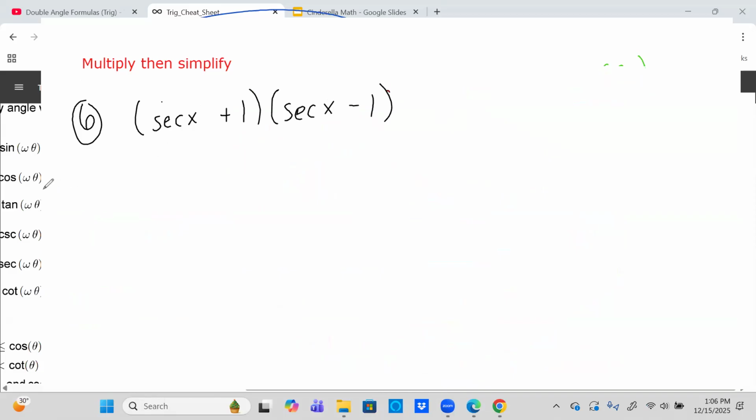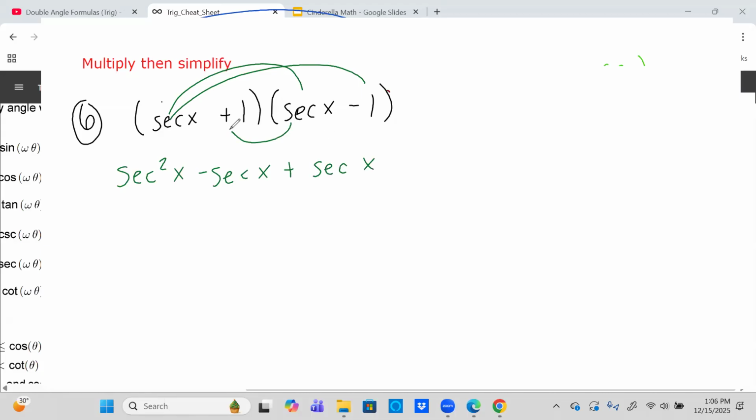All right, let's multiply that out. So secant times secant would be secant squared. Secant times -1 would be negative secant. Positive 1 times secant would be positive secant. And 1 times -1 would be -1. Combining like terms, negative secant plus secant, well, this just cancels. Bye-bye. And we are left with secant squared minus 1.